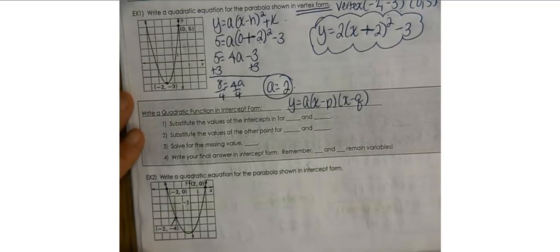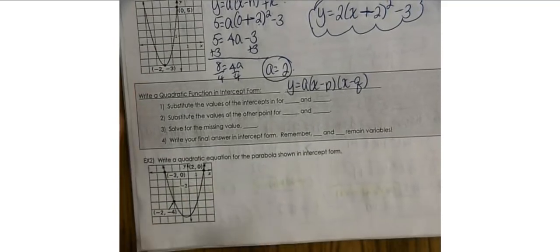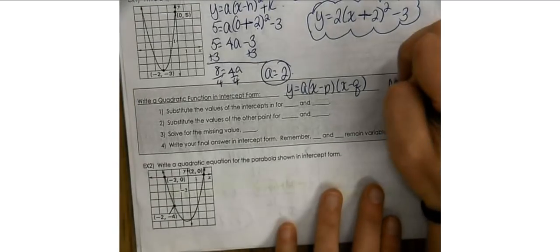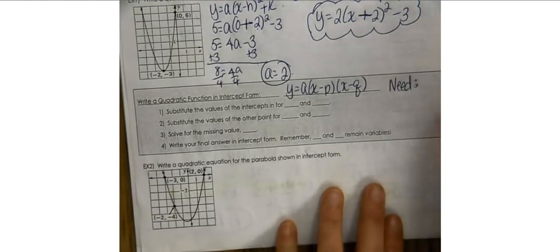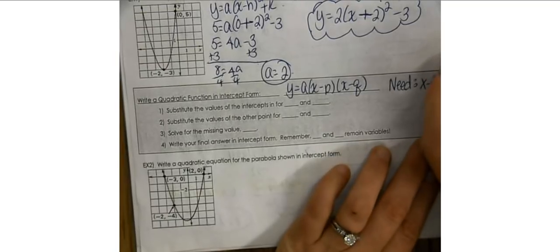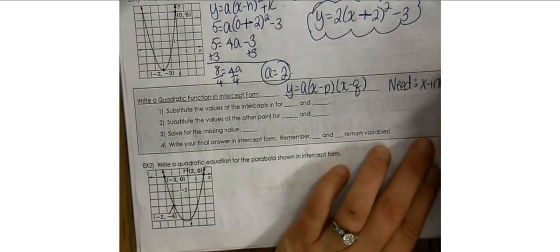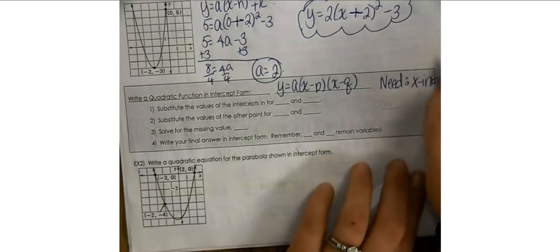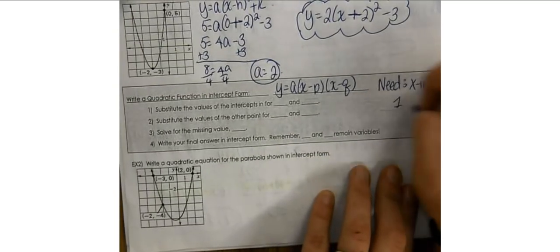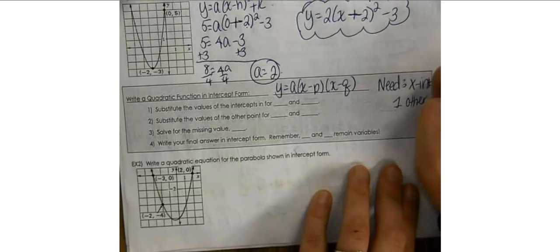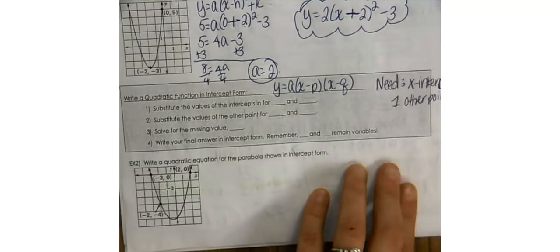So on your graph or on the information that's going to be given to you, you will simply need your x-intercepts and you're going to need one other point. So those are the pieces of information that you are going to need.